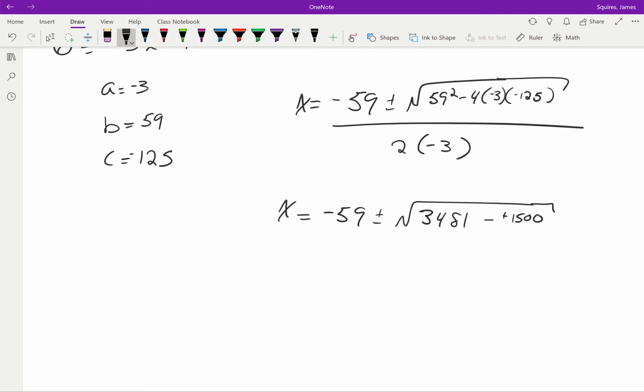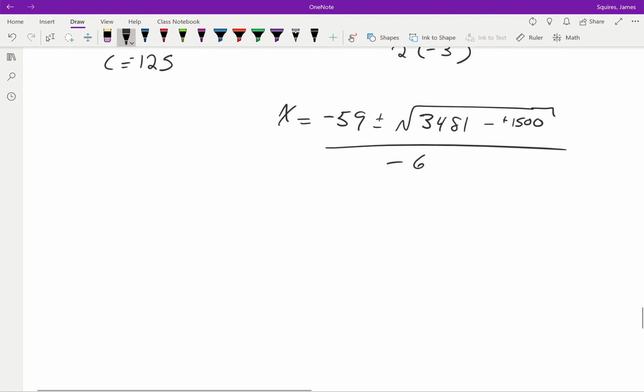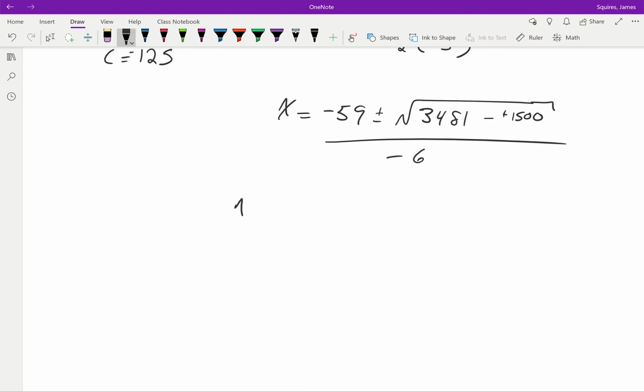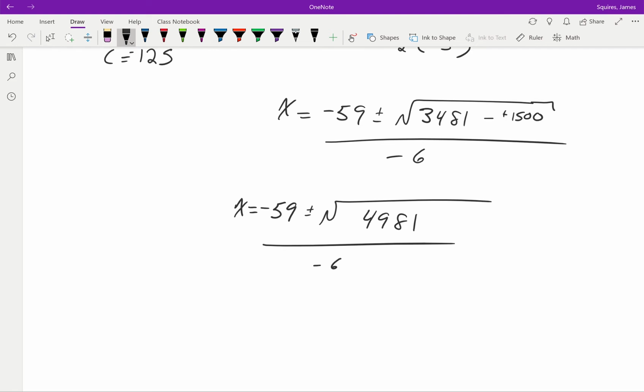It should be positive, all divided by minus 6. So x equals minus 59 plus or minus the square root of 3,481 plus 1,500, and we're going to get 4,981, all divided by minus 6.